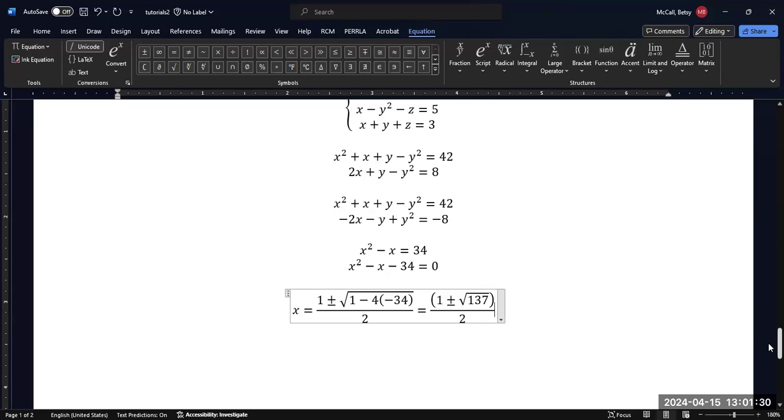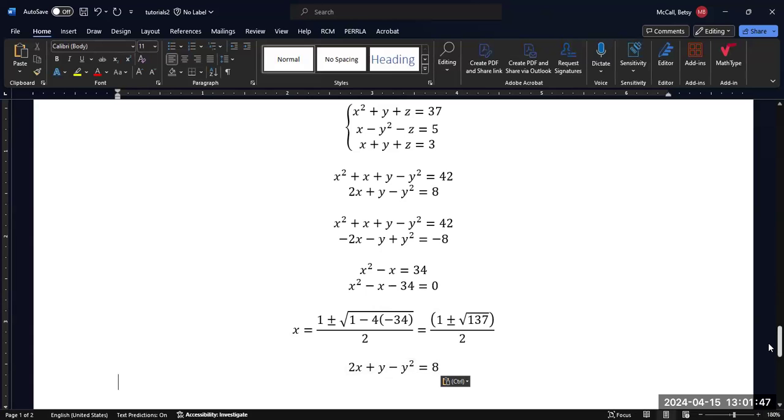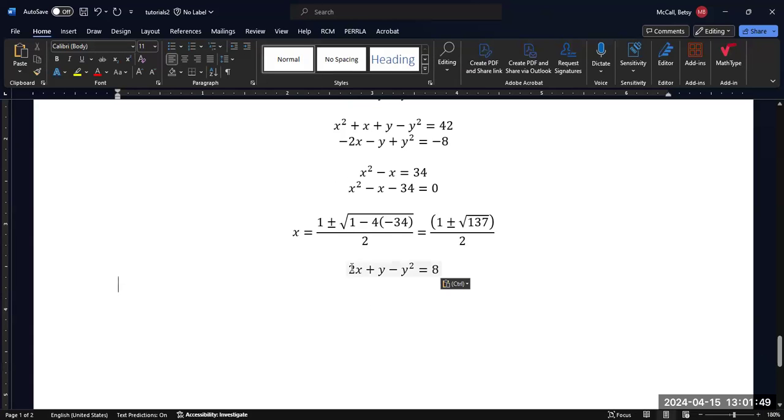And so what we can do from there is we can use one of our previous equations to try to plug that in and get ourselves an expression that we can use to solve for y. So for instance, we had this equation here where there is a 2x in the equation that's linear. So what I'm going to do is I'm going to solve this equation.